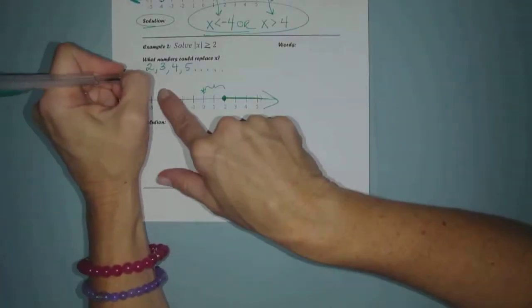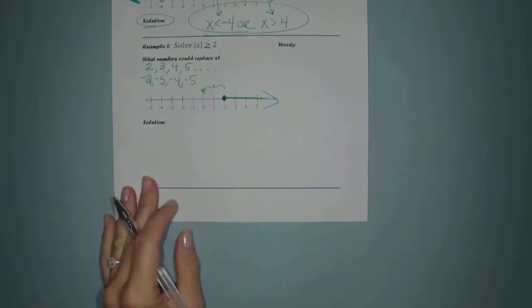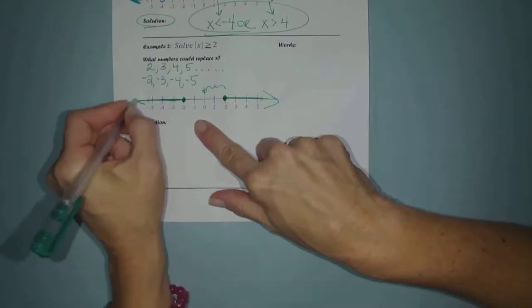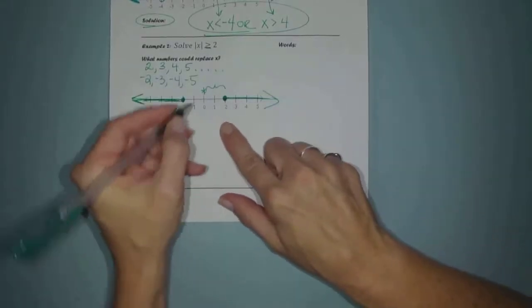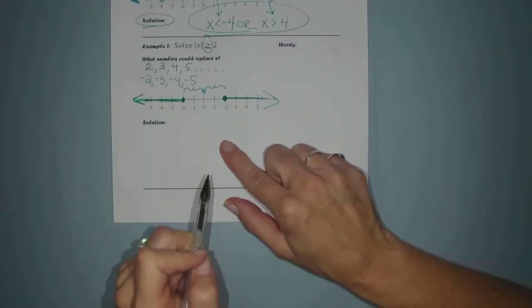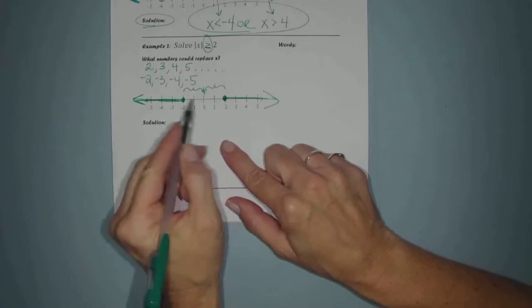Likewise, negative 2, negative 3, negative 4, negative 5, all of those. So everything from here on left, those are all more than or equal to 2 away from 0 on the number line. Nothing in here is going to work. These aren't far away enough.